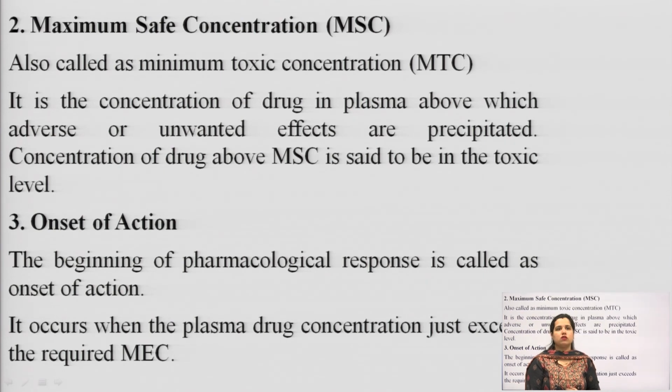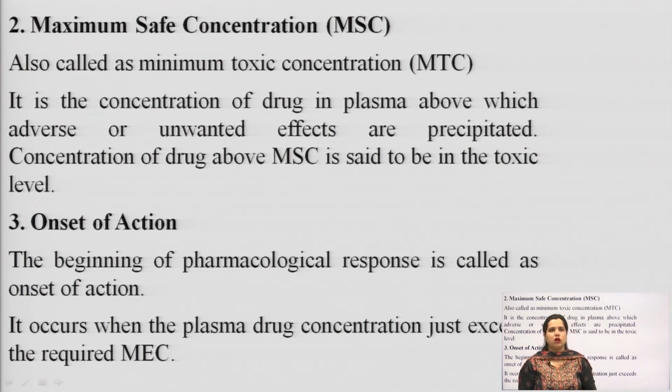Maximum safe concentration, or minimum toxic concentration, is the concentration of drug in plasma above which adverse or unwanted effects will occur. So, this is the important concern, that the drug should not reach above the MSC.